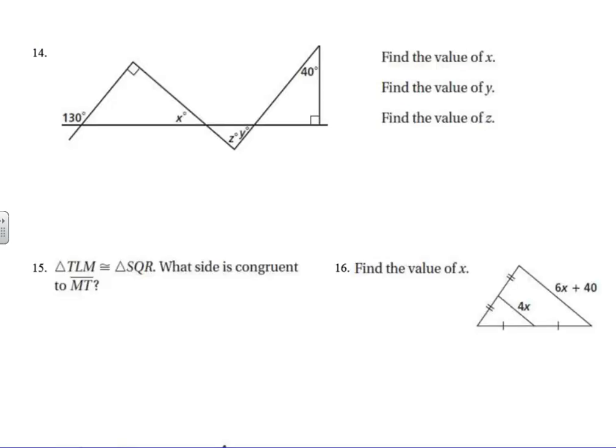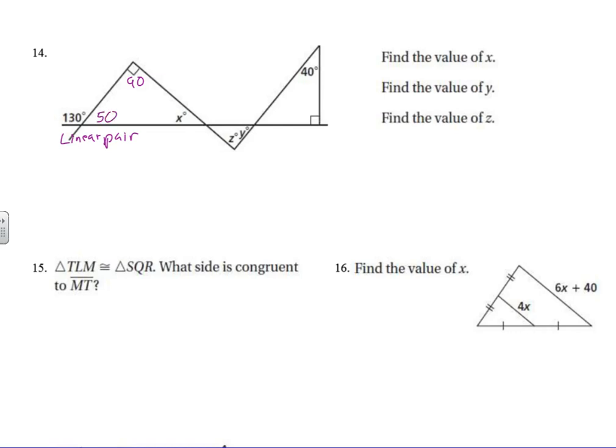All right, moving along, last page here. So 14, find x, y, and z. Ask yourself, what do I know? Well, I know we've got a linear pair over here, so this is going to be 50, 180 minus 130.